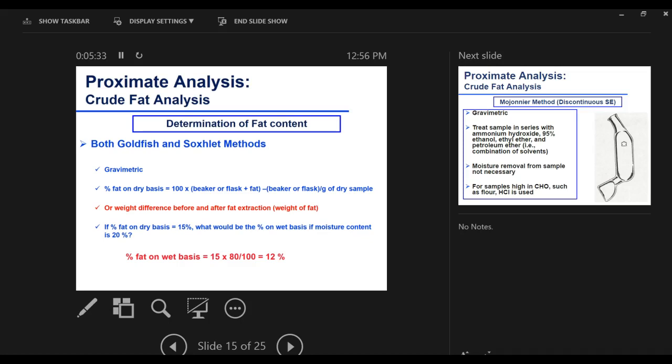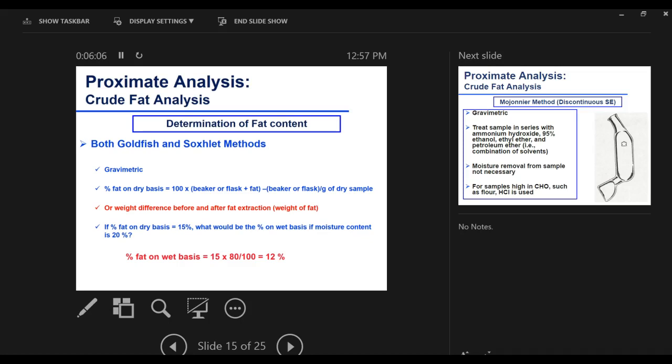How did we come up with this? So I said 15 grams fat in 100 grams dry matter or dry solids. Okay? So this gives you the amount of fat per gram of dry solid. But you want it in 80 grams of dry solids because you have 20% moisture.